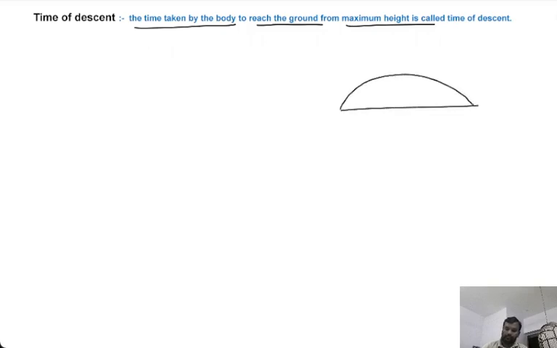Next, time of descent. Time of descent means the time taken by the body to reach the ground from the maximum height. This is the maximum height. At the maximum height, the vertical velocity Uy is equal to 0, because in this case the object is coming from maximum height to the ground. Then the resultant velocity is v, and the angle is theta.